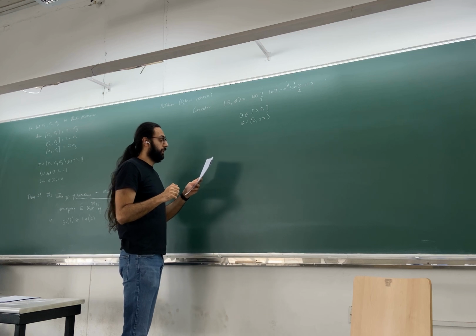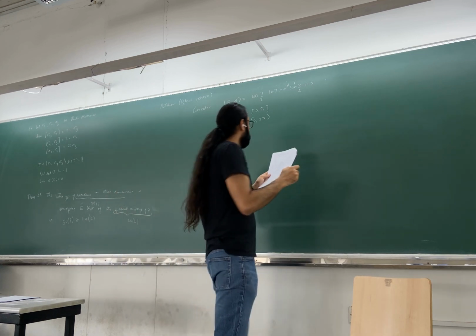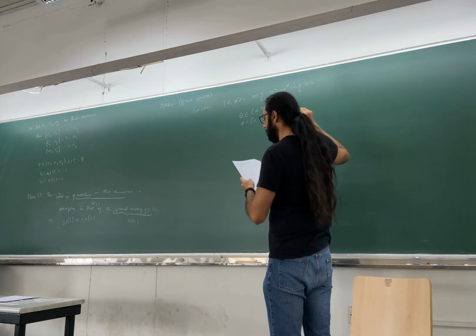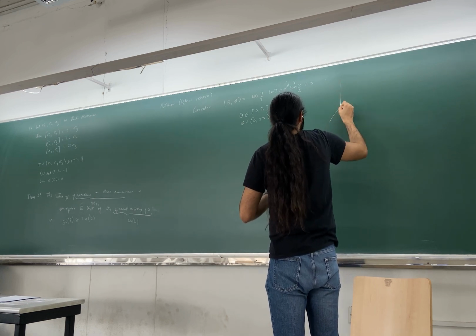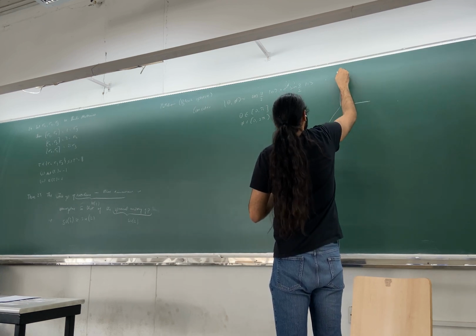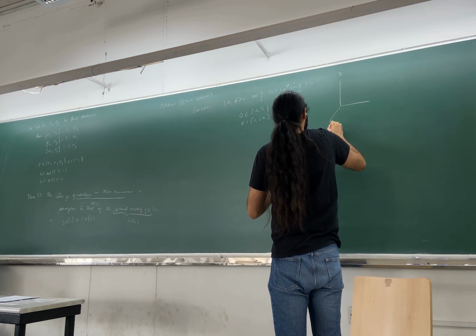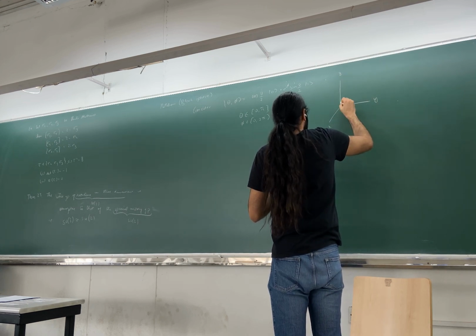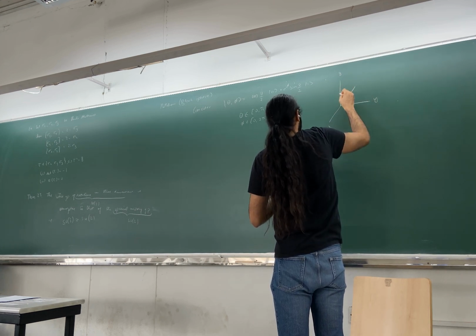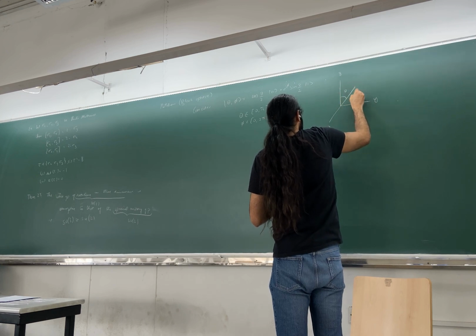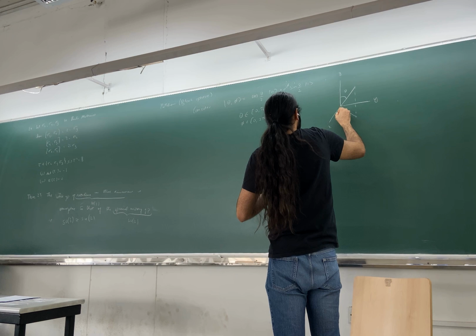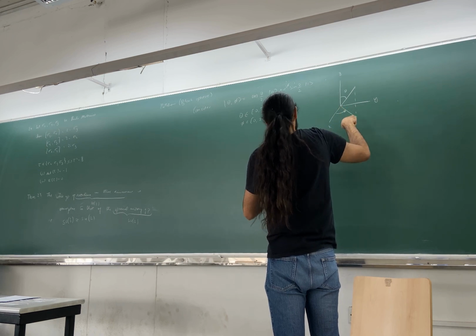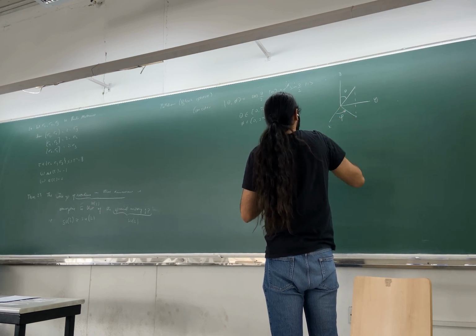The nice thing here is that if you use this representation, suppose we plot this. So we have the z-axis, the x-axis, and the y-axis. We take the angle from the z-axis to be theta, as is customary. And for its projection on the xy plane, the angle from x to that projection is given by phi.